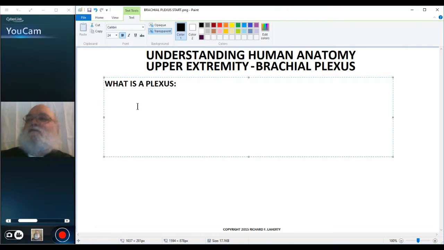The plexus is the place where all this branching is taking place. We have nerve fibers, axons, branching off of one nerve and joining together with other nerves. And in the end, we get the final nerves that are going to the structures in the limb.